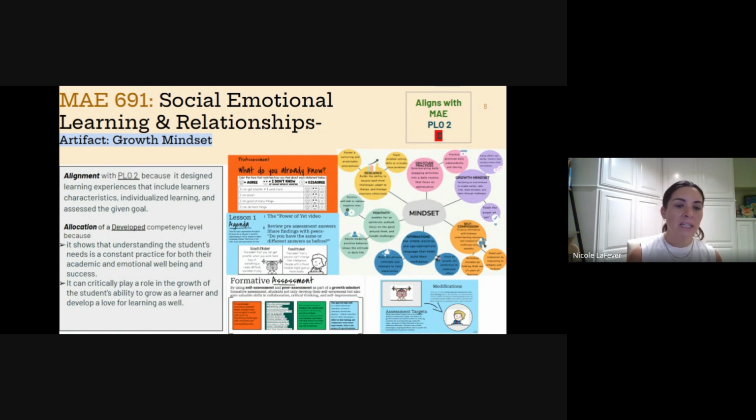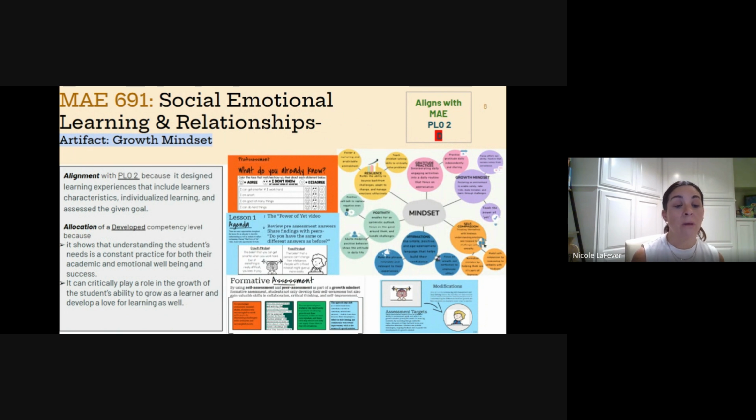This aligned because it designed learning experiences specifically to learning characteristics, their individualized learning of what they need, and assessed the given goal.